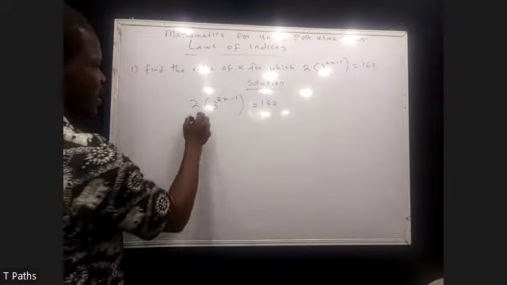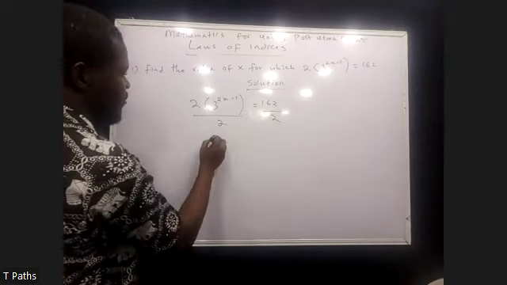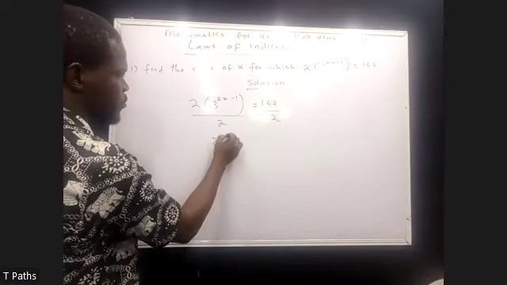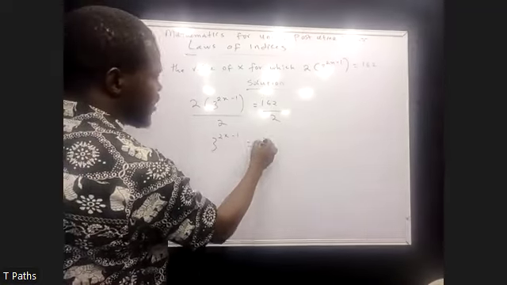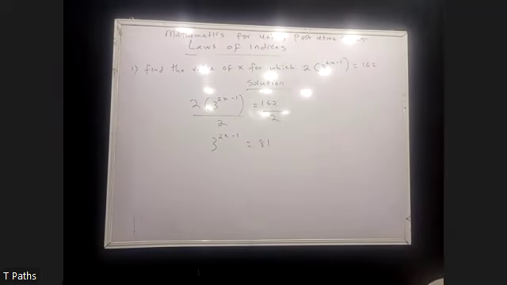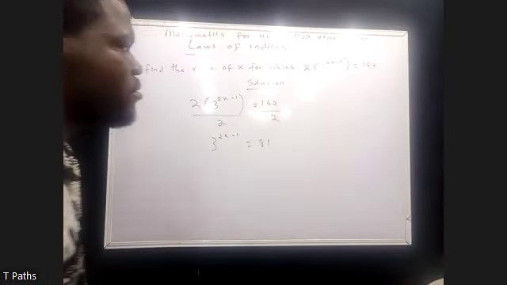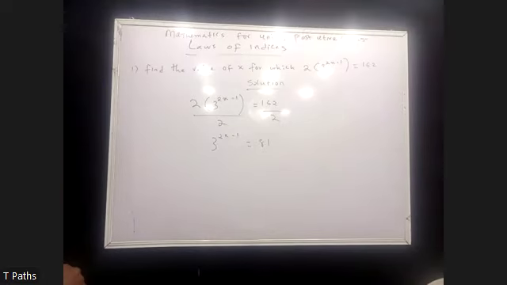The next thing is I want to divide by 2, so I can have 81. Once I see 81, I'm very happy, because there's no way you want to multiply out by 2, since they are not of the same base.